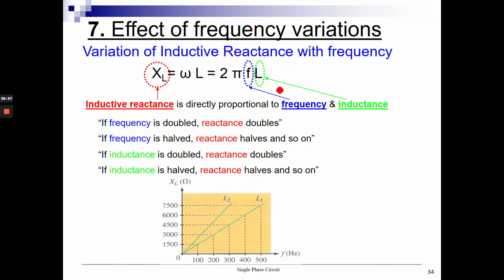So from this formula, we can get this type of graph. So from this statement, we can say that inductive reactance is directly proportional to frequency and inductance.